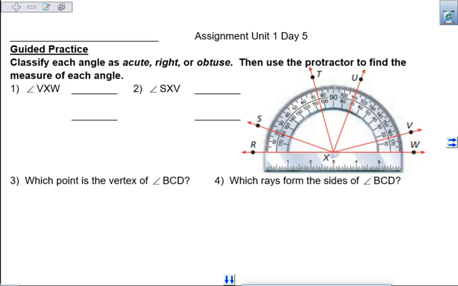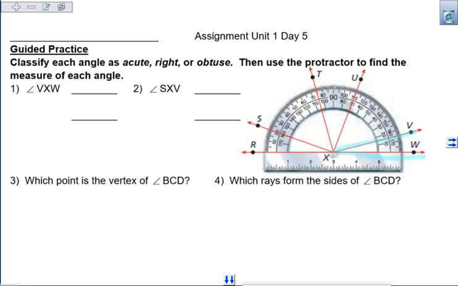Now we're going to do the guided practice for measuring angles. First off, we again have our protractor. So what do we need to do first? Highlight the angle we're looking at, VXW.